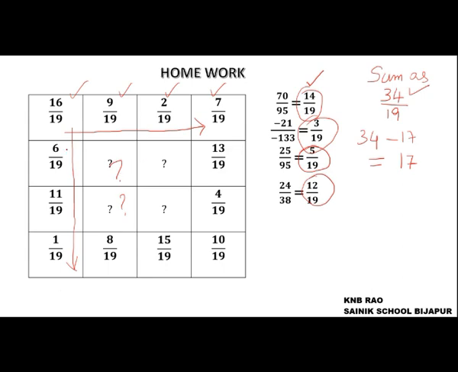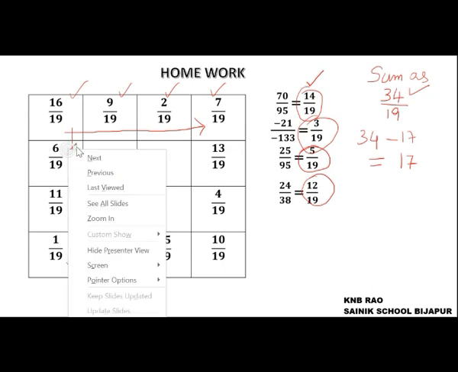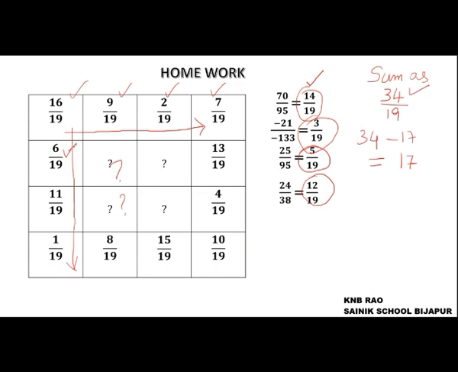Next, here 6 plus 13 is 19. So when I do 34 minus 19, it gives me 15. That means here I have to have two numbers whose sum is 15.